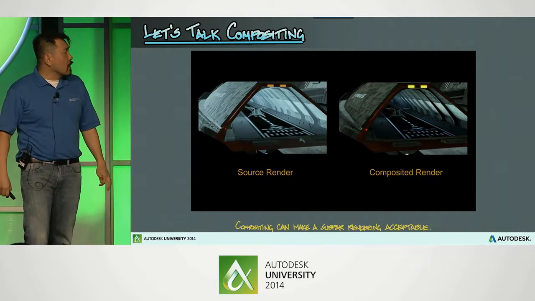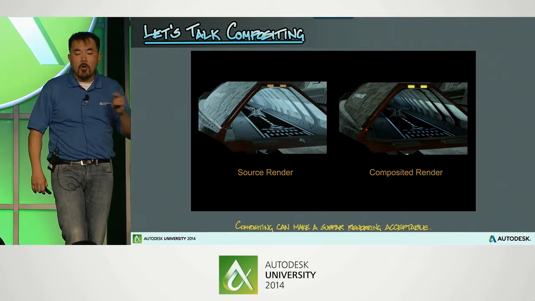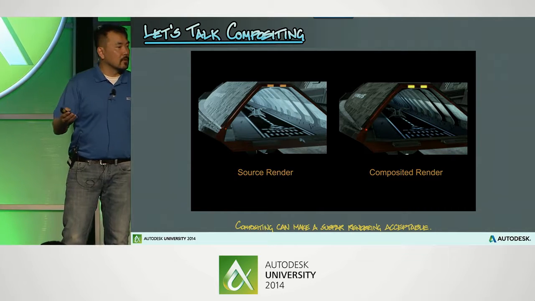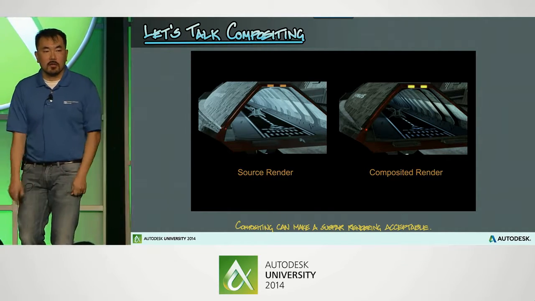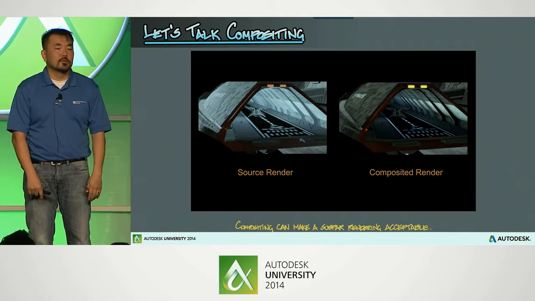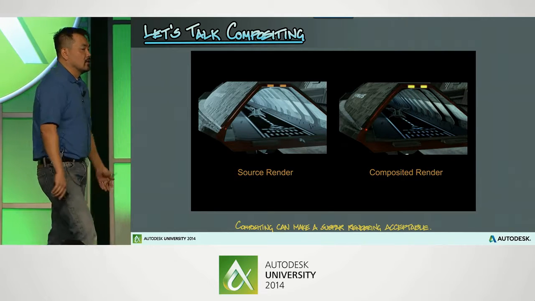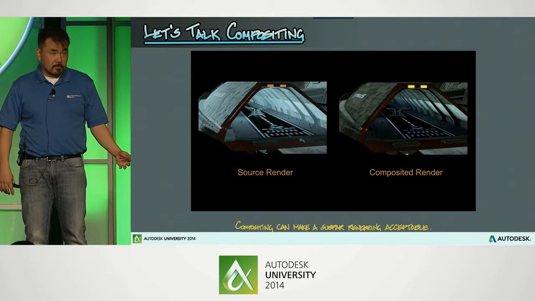But the important thing also is compositing can also make a subpar rendering acceptable. How many of you have rendered for 20 some odd hours only to find out, oh God, that rendering is just horrible? The specular highlights are way off. It's super washed out. I'm going to have to re-render it.